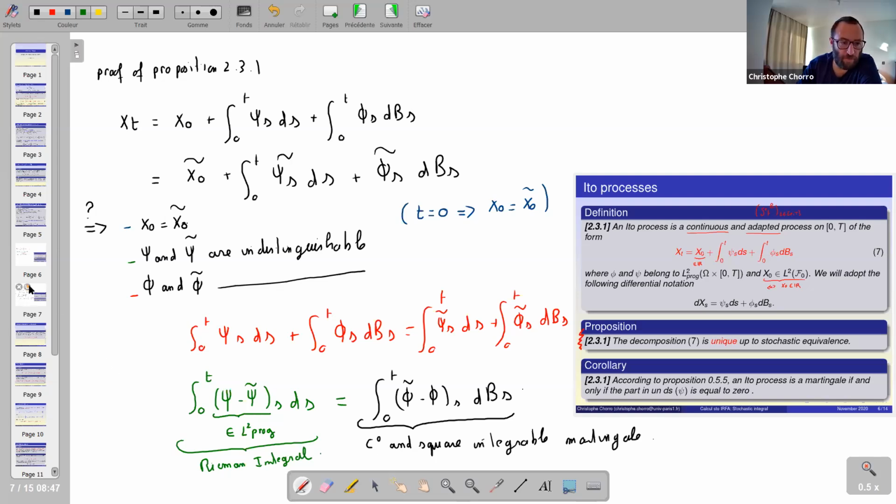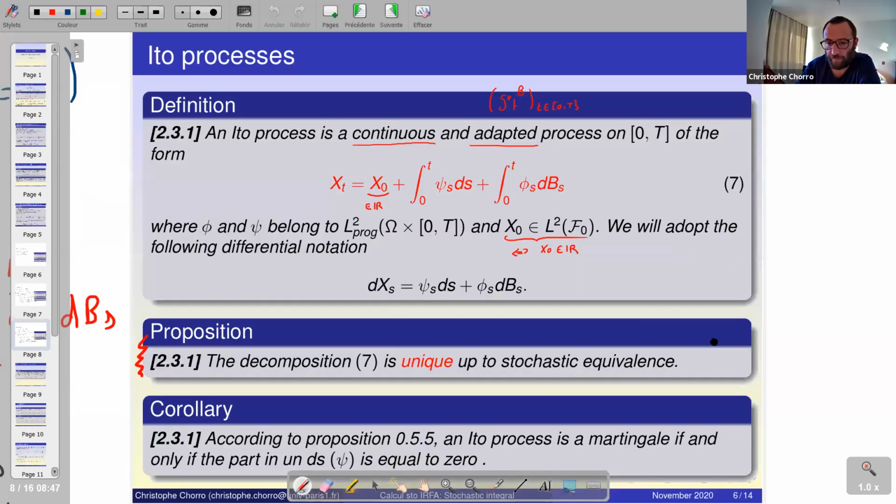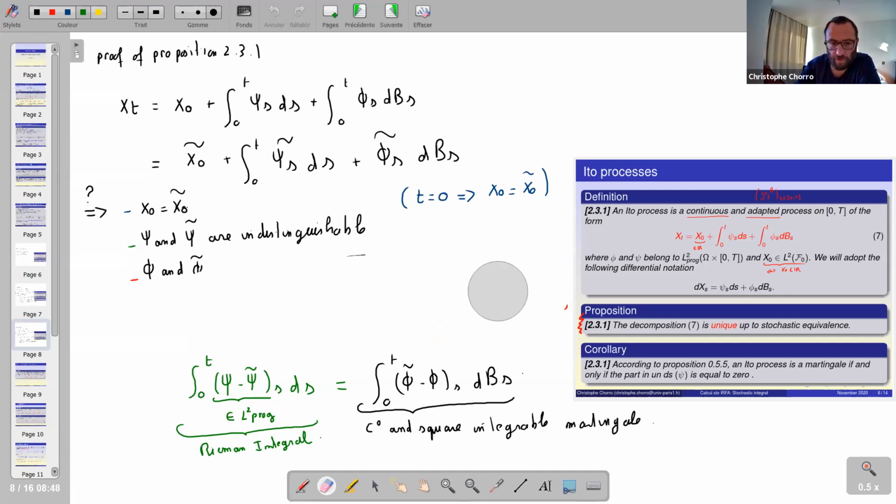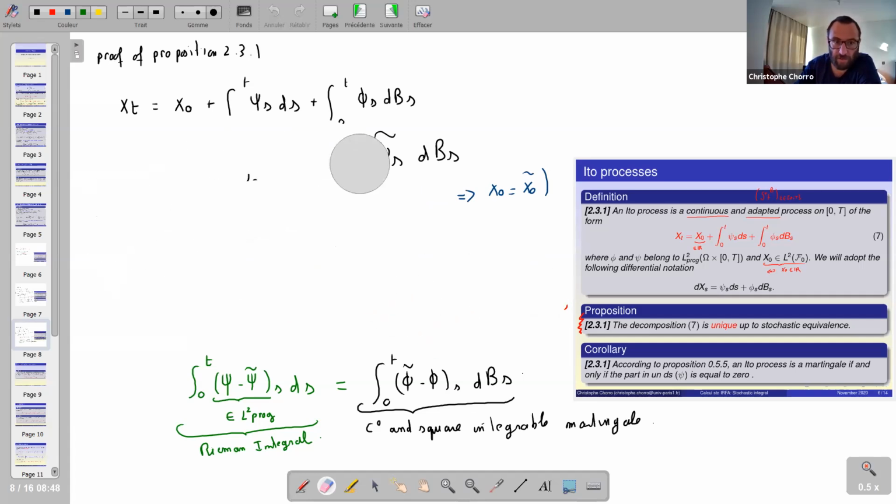But in fact, we have in the course something in relation with this kind of equality. So I erase what I don't need here, and I just keep the equality I have at the end.